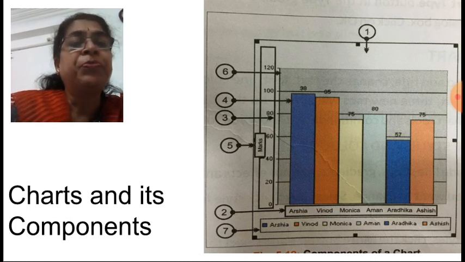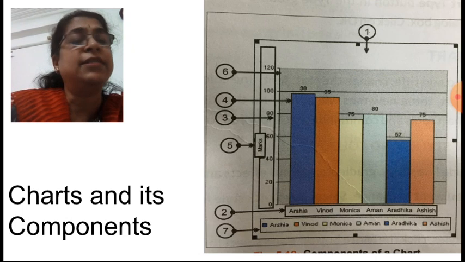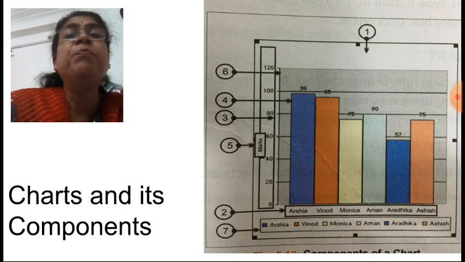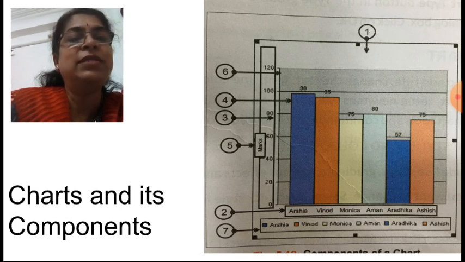Now third, that is the value axis. The y-axis is the vertical axis which is used to plot the values. Now the fourth one, see, it is the actual bar. These are the bars, slices or other elements that show the data values. Correct?